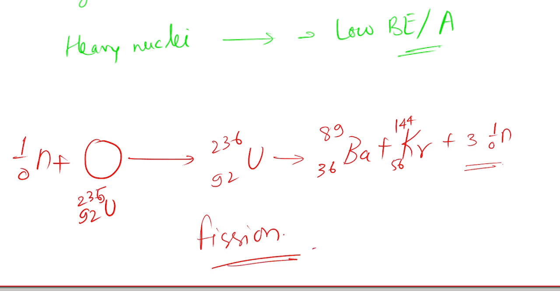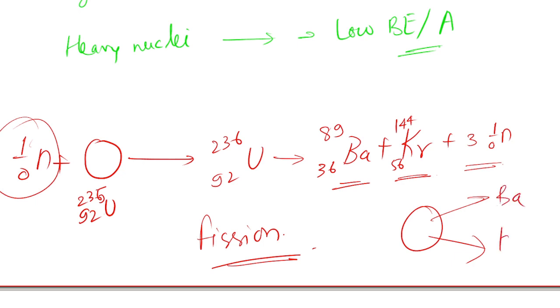So you can see when 92 uranium 235 gets one neutron, it breaks into barium plus krypton. So the heavy thing broke into two smaller parts, barium and krypton.